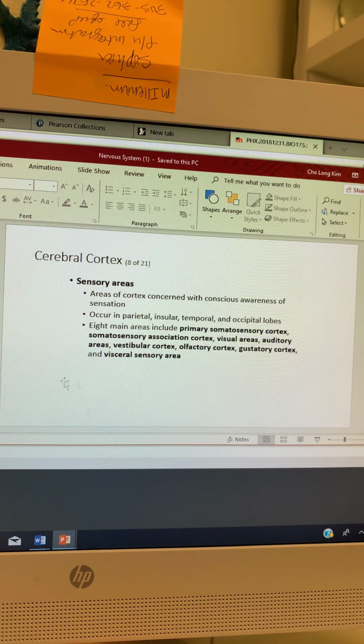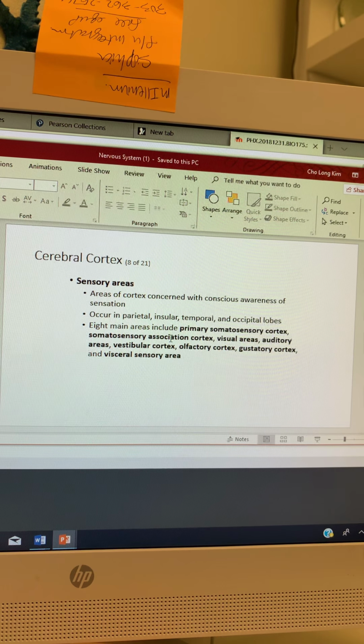Then you have the sensory areas, the areas of the cortex concerned with conscious awareness of sensation. It occurs in the parietal, insular, temporal, and occipital lobes. The 8 main areas of sensory input, or reception, are the primary somatosensory cortex, somatosensory association cortex, visual areas, auditory areas, vestibular cortex, olfactory cortex, gustatory cortex, and the visceral sensory area.